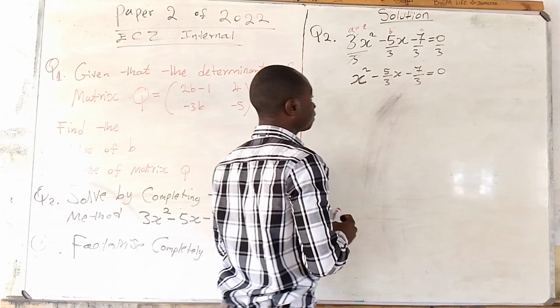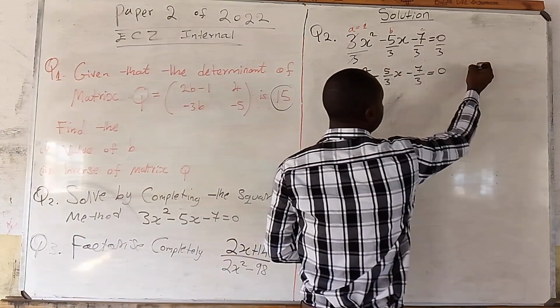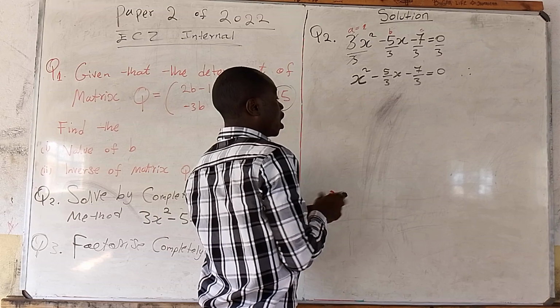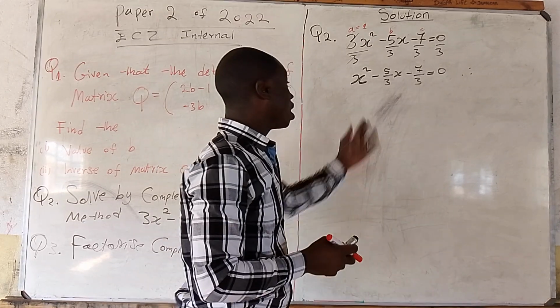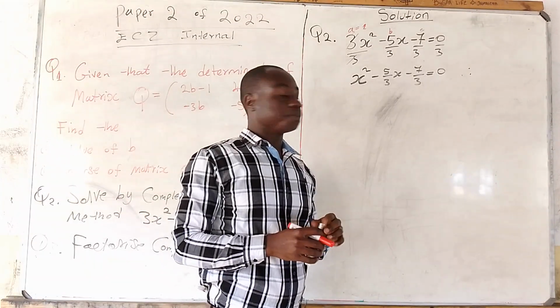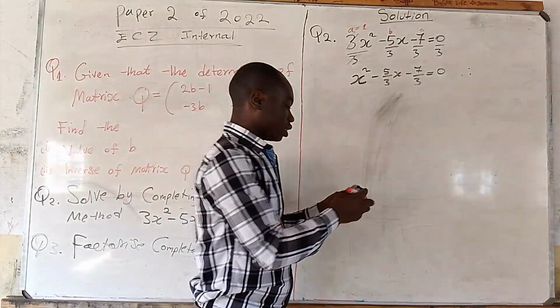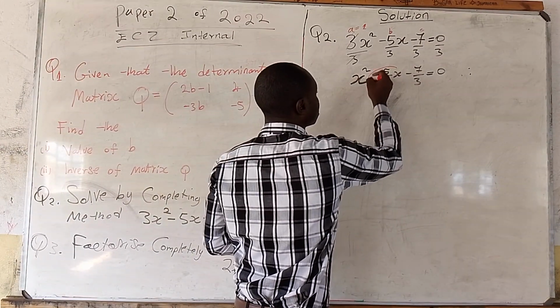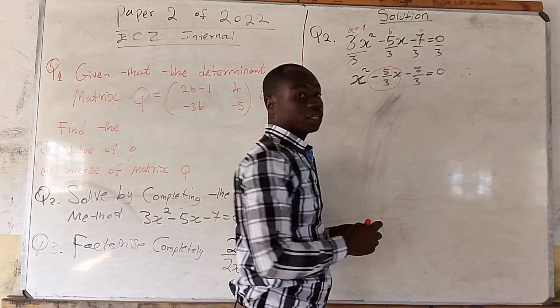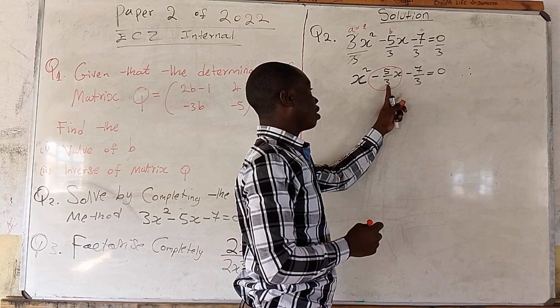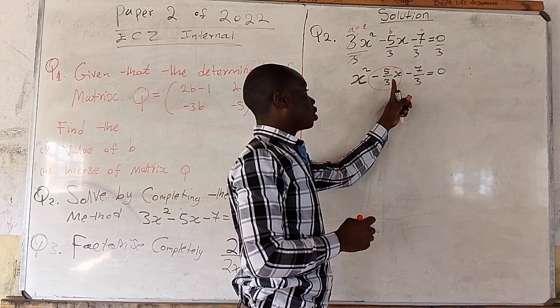Good. Now, the second step here, you need to find half of your sum. Remember, if you are solving this question by factorization method, this part is what you get as your sum, which is negative 5 over 3 x. That's what you look at.